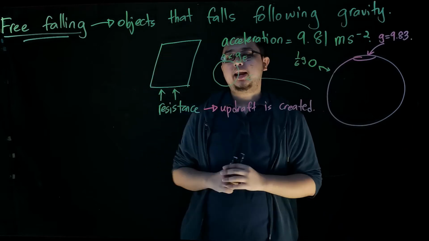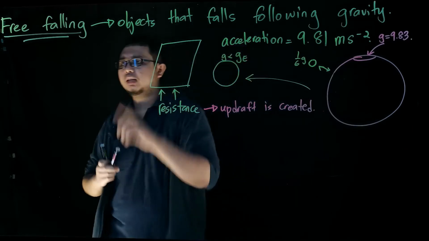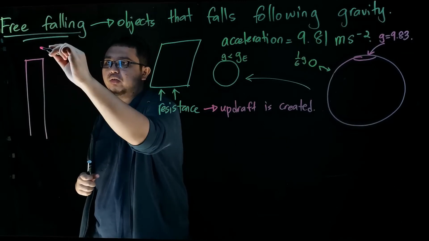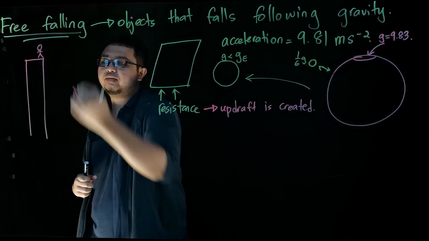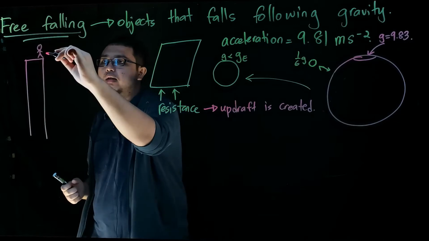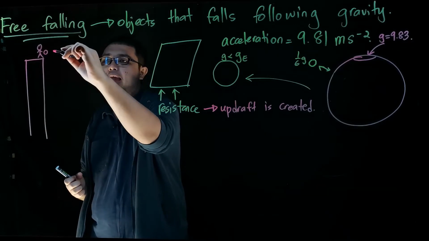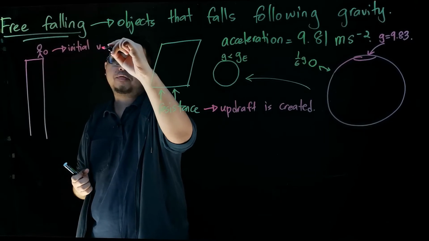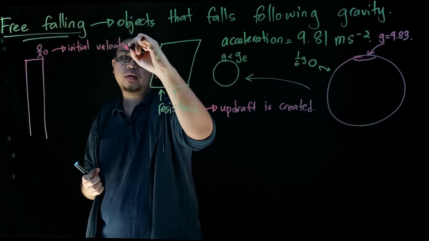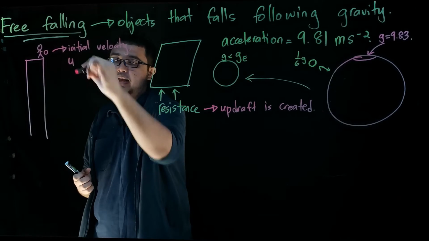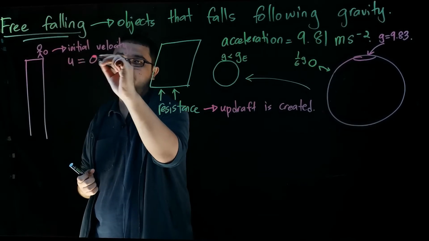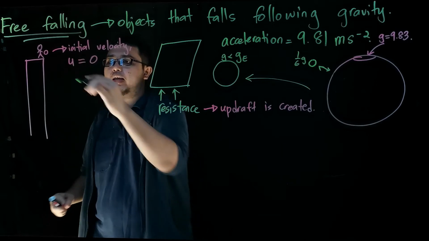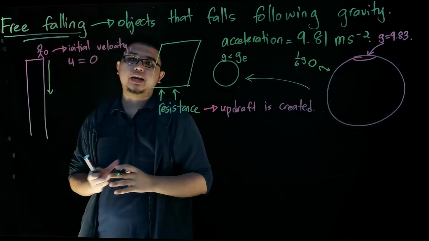Now let's look back at our free falling. If an object falls from a high position, let's say you were to drop a ball, this ball will have an initial velocity of 0. We put the symbol as U, and this is 0. As the object moves downward, gravity acts upon it.